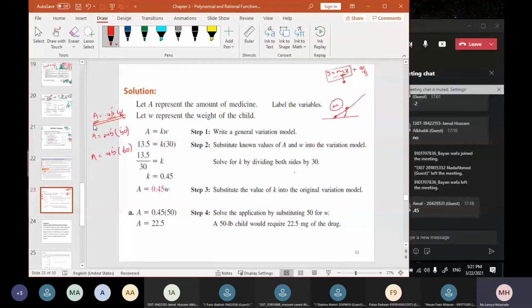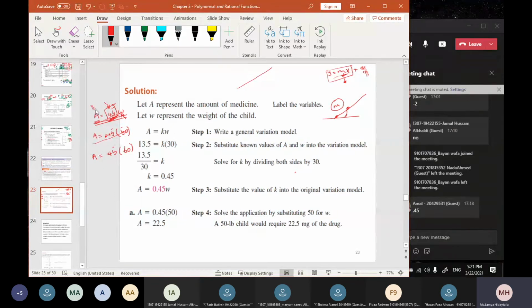So here if you draw this, you're going to find just the equation of a straight line, and this one is the constant of proportionality or the slope of the line. So I need to find this. If I found it, done, I can build the equation whenever I know either the A or the W. If I have the A, I can find the W. If I have the W, I can find the A. Okay? Good.